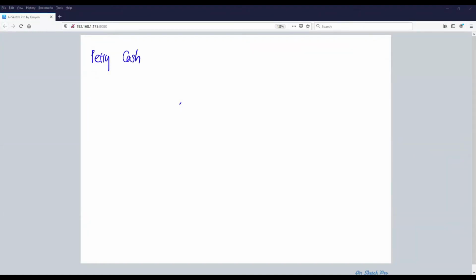Again, petty cash and cash, they are in reality the same, right? Petty cash is just cash that you maintain in your own office. So in reality, they are the same cash, but if you need, you can maintain a separate account in your chart of accounts, something called petty cash, and separate it out from your cash account.